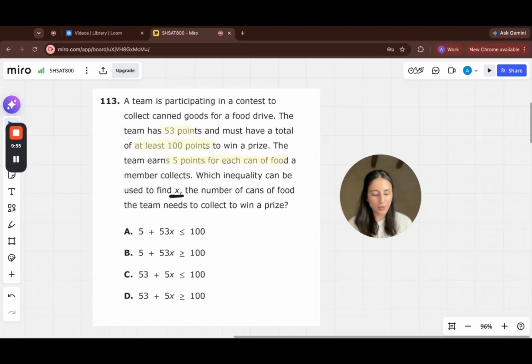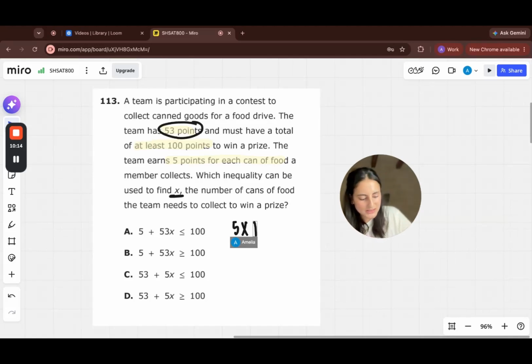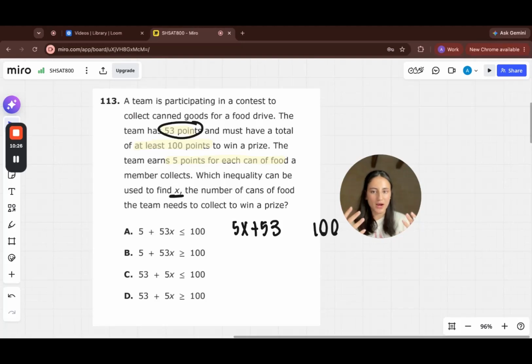We're trying to see how many points they get for each can of food. Take a second to look at the problem, and if you don't see it already, it shows us that it's 5 points for each can of food. So I'm going to quickly write that here, 5x. And then we have the fixed amount, which is the original amount of points they've already collected, so plus 53. And then that's going to be compared to 100, which is the minimum of their total to win a prize.